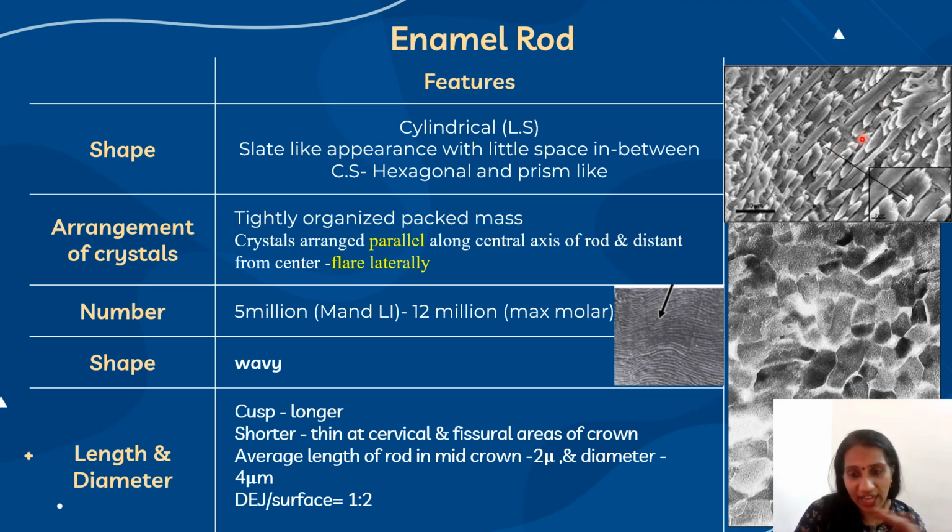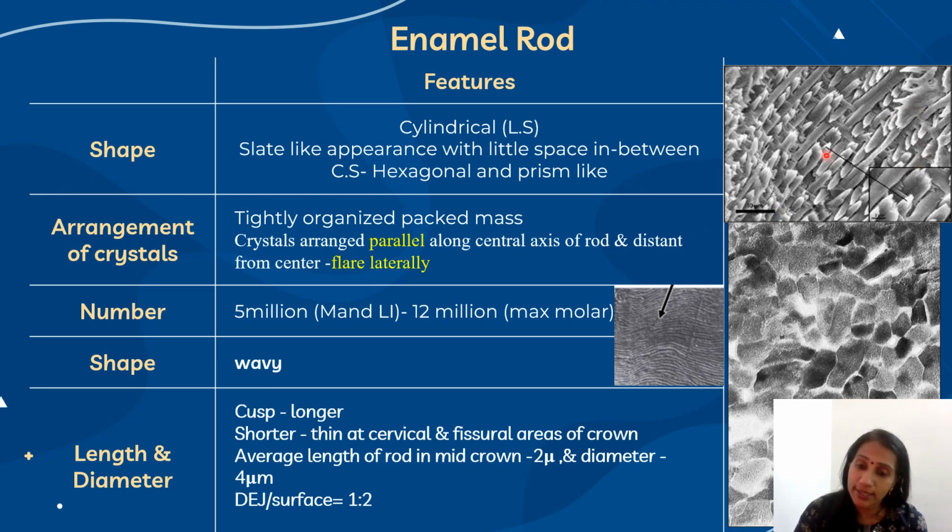It's more flattened, long, with a slate-like appearance. On a cross section of the cylinder, it looks like a hexagon. So in a cross section it is a hexagon, and in a longitudinal section it appears like a cylinder or has a slate-like appearance.